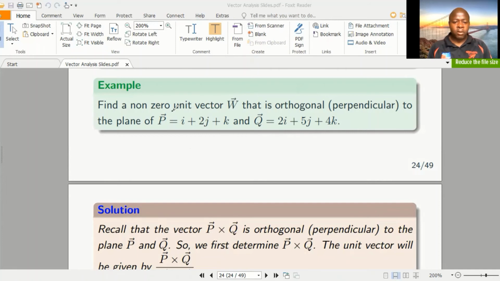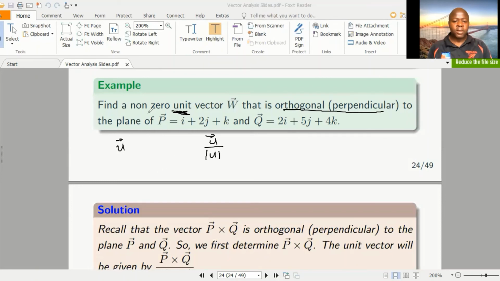We only need to be concerned about the word unit vector. But this other part we are already done with. This other part means we need just to get the cross product of these two. And what about the unit vector? If I have vector u, how do we get a unit vector in the direction of u? A unit vector in the direction of u is given by vector u over the magnitude of u.